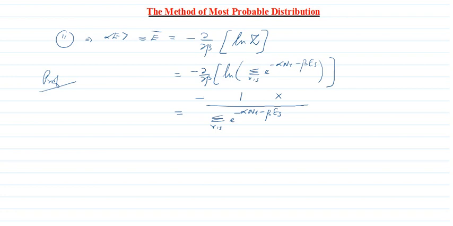The same exponential factor gets repeated, multiplied by the derivative of beta E_S, because alpha N_R is a constant as far as beta is concerned. So minus E_S will come out, into the sum over R, S of the same exponential, minus alpha N_R minus beta E_S.